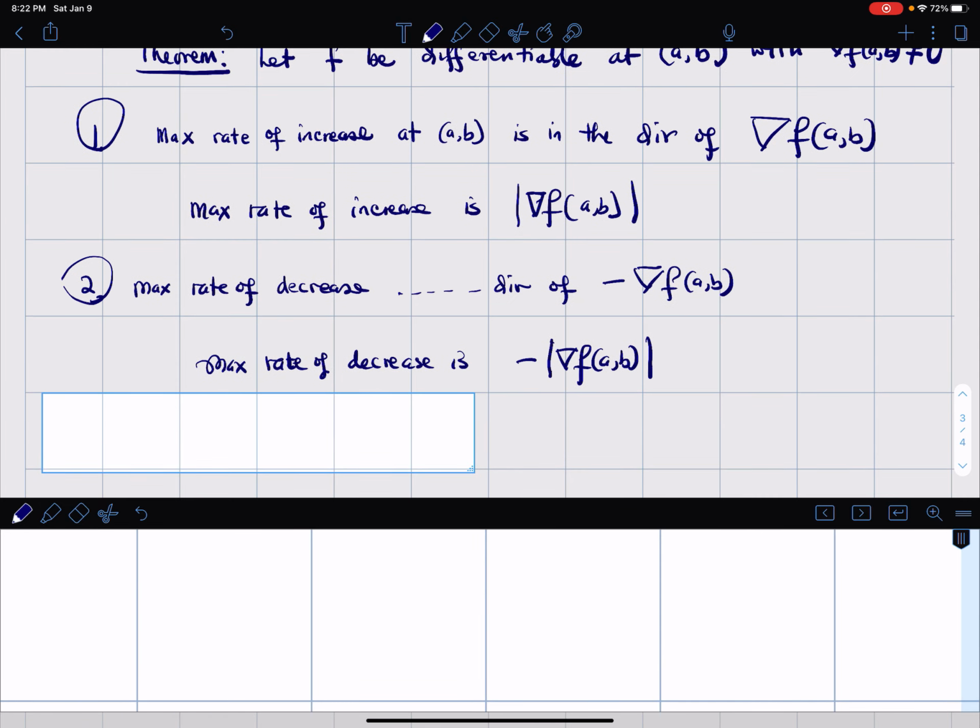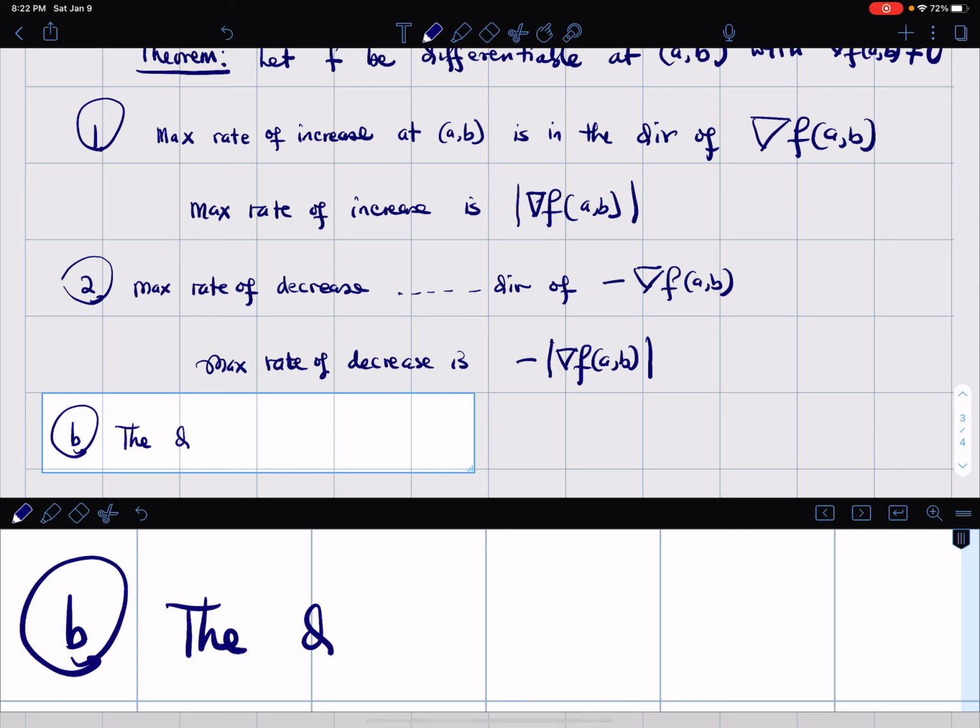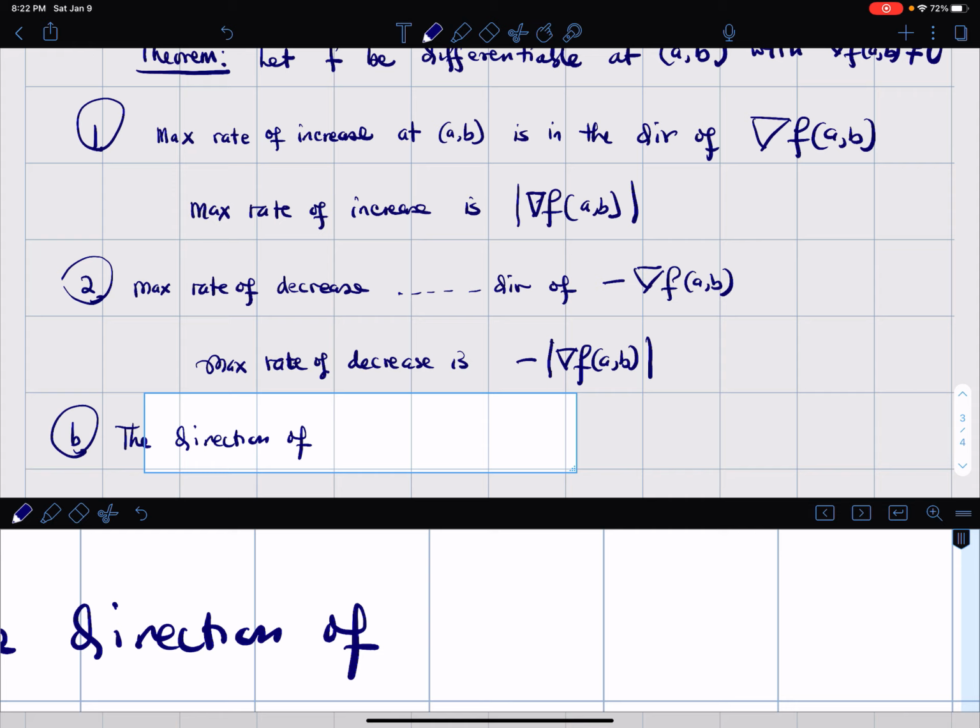And then the direction of zero derivative.